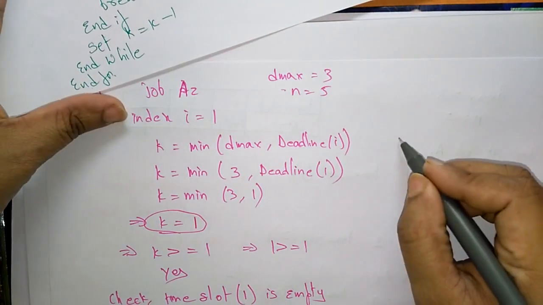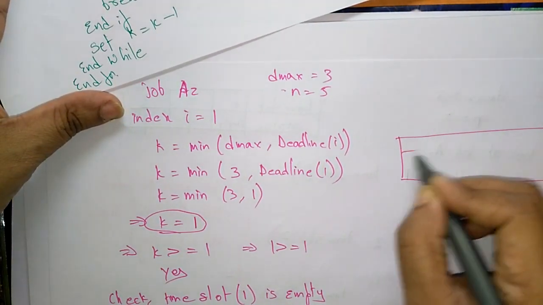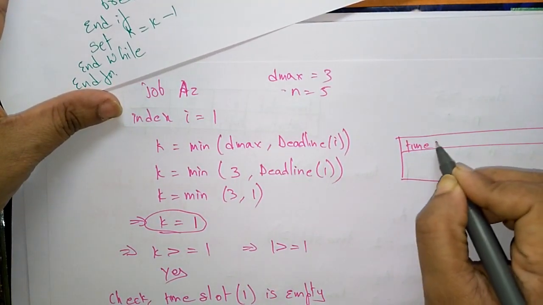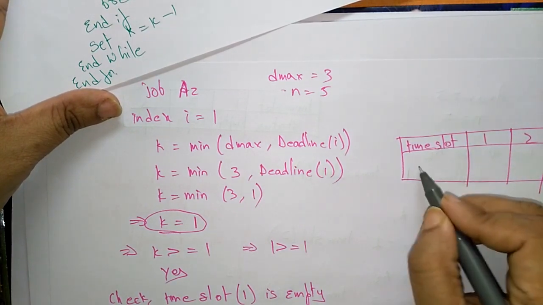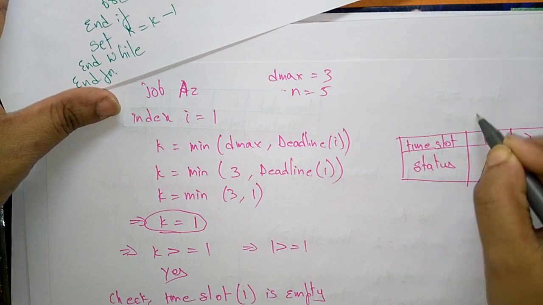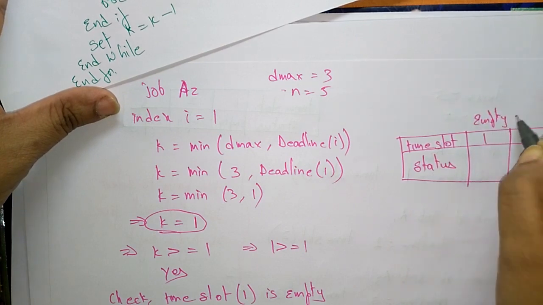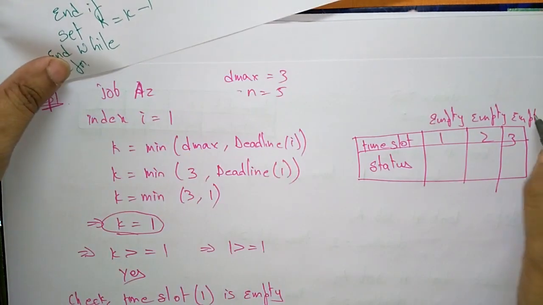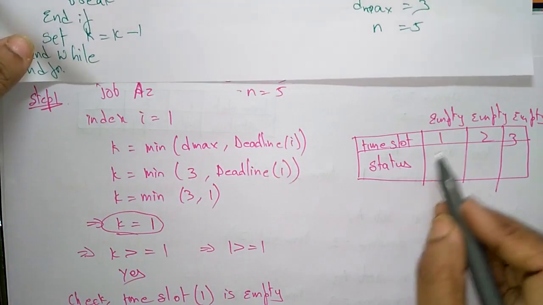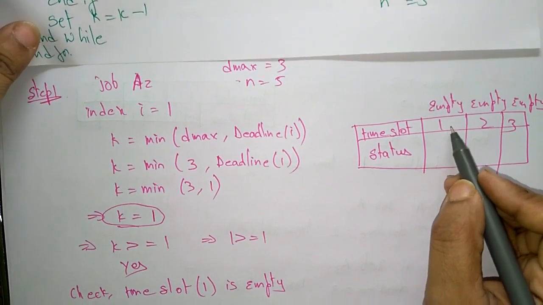We have to check. Starting, everything is empty. Time slot 1, 2, 3, status. Starting everything is empty. Now check what is the status of 1. Time slot of 1 is empty.